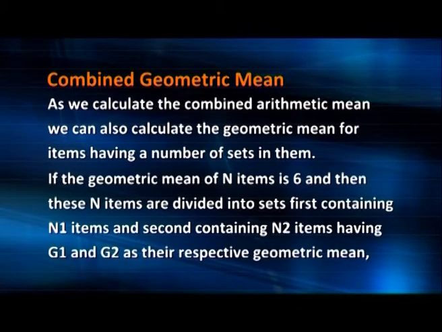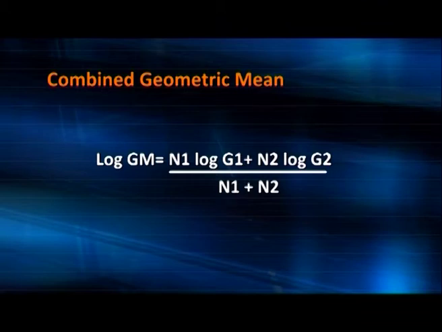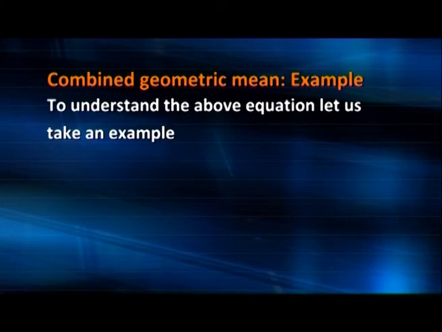If the geometric mean of n items is G, and these n items are divided into sets, first containing n1 items and second containing n2 items, having g1 and g2 as their respective geometric means, then the logarithm value is taken on both sides of the equation, that is, the log of the geometric mean is equal to the product of the number of items and the log of the geometric mean divided by the total number of items. To understand the above equation, let us take an example.